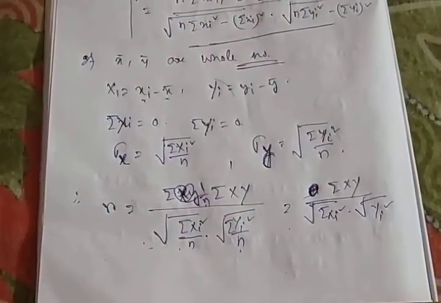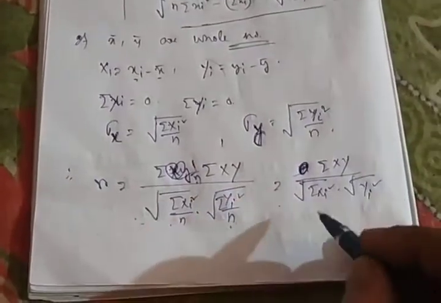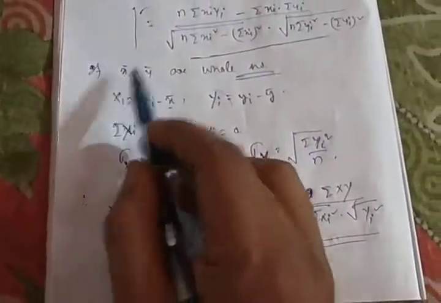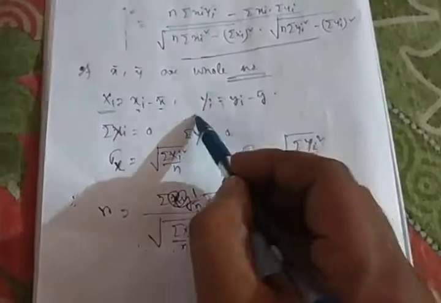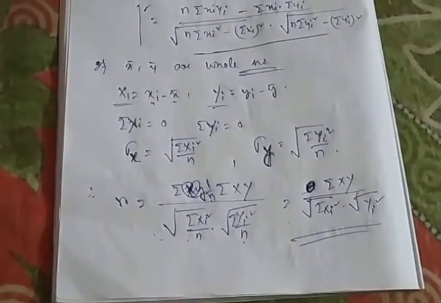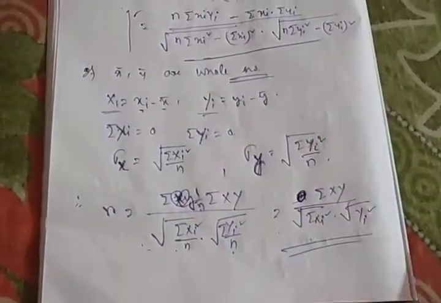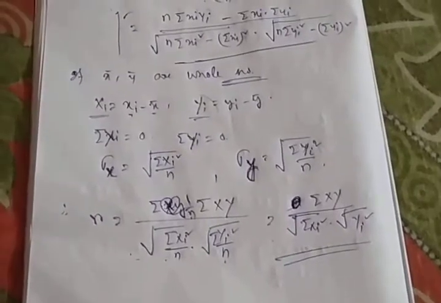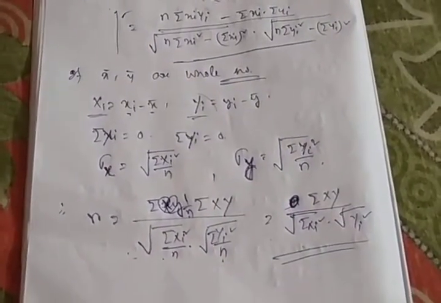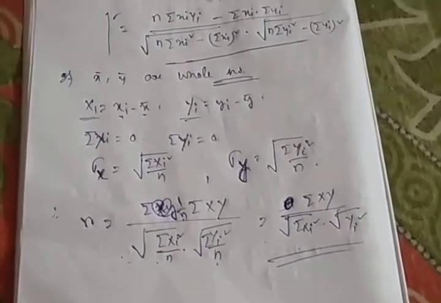So when x bar and y bar are whole numbers, we can take the deviation in this form and calculate summation xy, summation x square, summation y square, and putting in the formula we will get the correlation coefficient. Today we will solve an example: how to find a correlation coefficient from the following data.